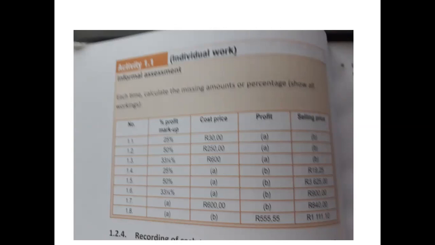So you multiply it with 100 divided by 100 plus the percentage. So you're going to divide it by 125 to get your cost price. The same story with the profit amount: that will just be the difference between your selling price and cost price.